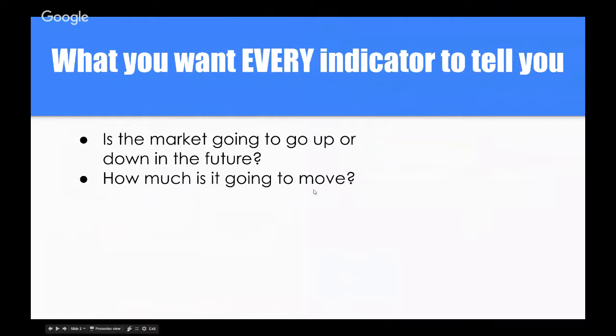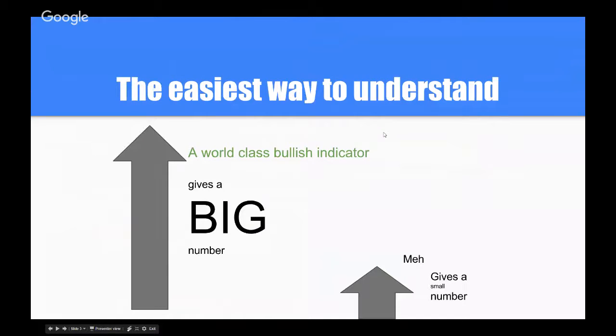Now, if you think about these two questions, they're really one question, right? If the market's going up positive 20 pips, well, that already tells you that the market's going up. Or if the market's going down 35 ticks, then obviously the market is declining. Really, this is just one question.